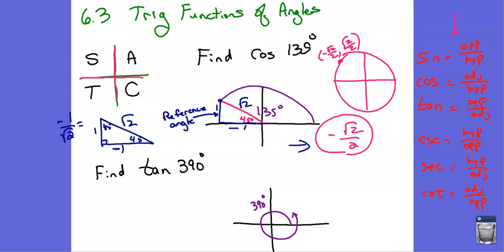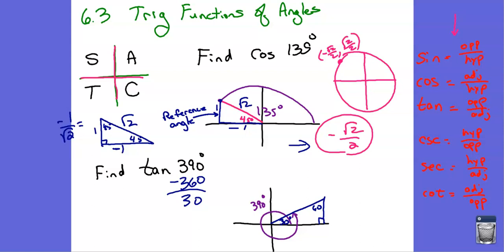Well, likewise with tangent of 390 degrees. Well, 390, if you notice, so that's literally a 30 degree reference angle. So if you look at a 30, 60, 90 degree triangle, I'm trying to find tangent of this. So tangent, remember, is opposite over adjacent.